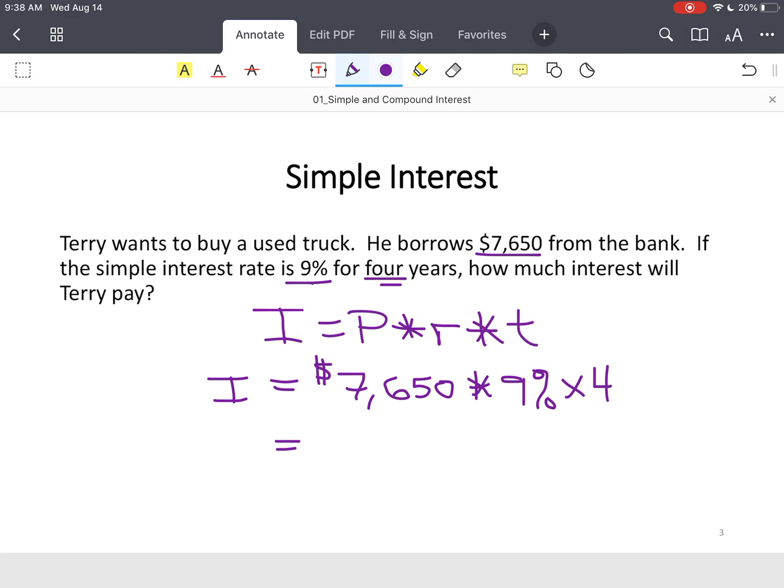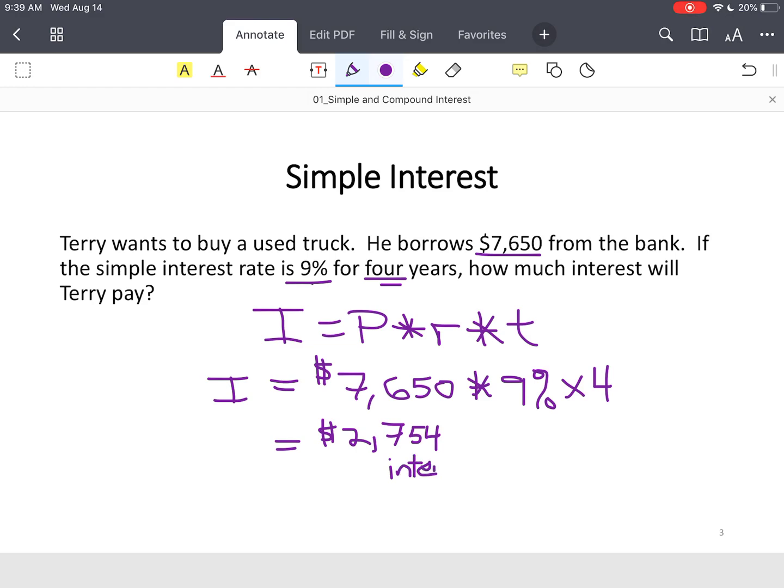So we take $7,650 times 9% times 4 years, which is $2,754 in interest.